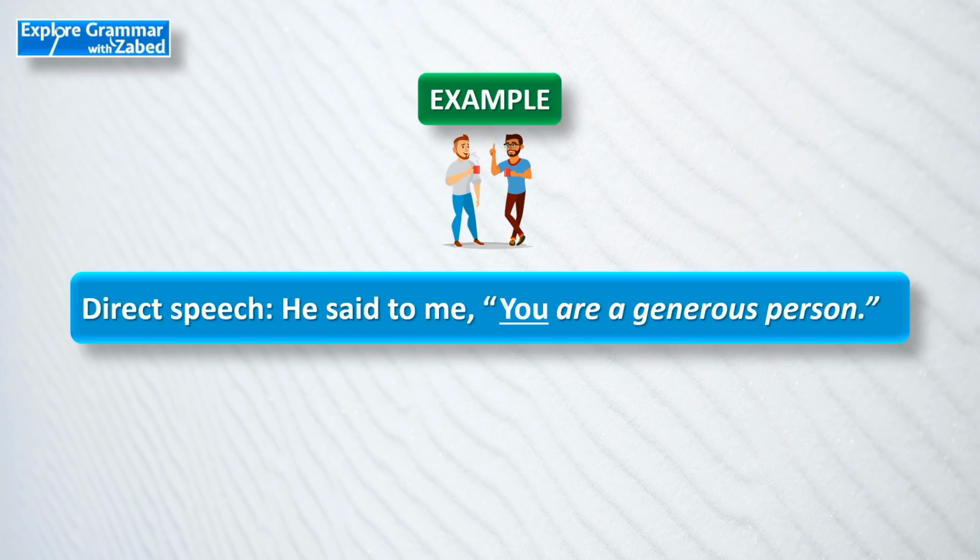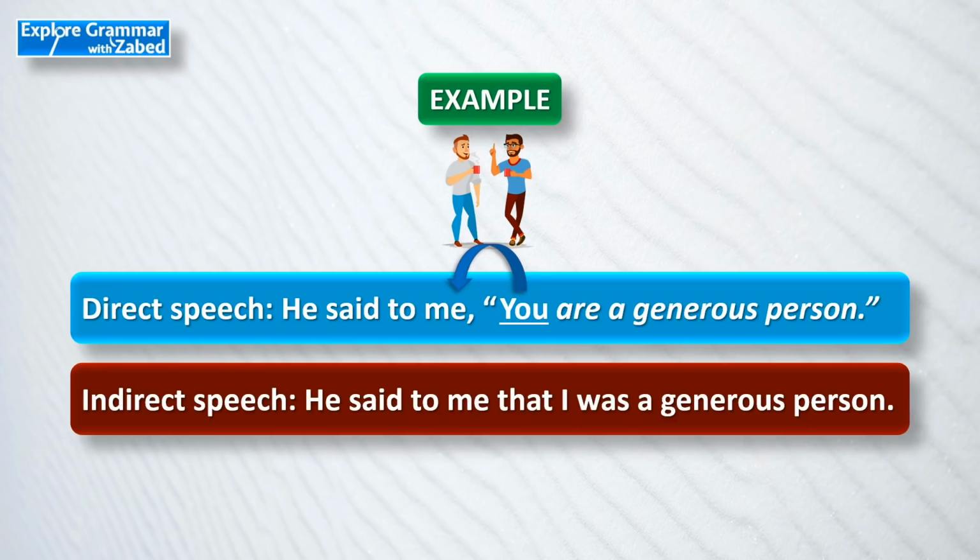So it will be changed according to the object of the reporting speech. As the object of the reporting speech given here is "me" and its subjective case is "I", the indirect speech will be: He said to me that I was a generous person.